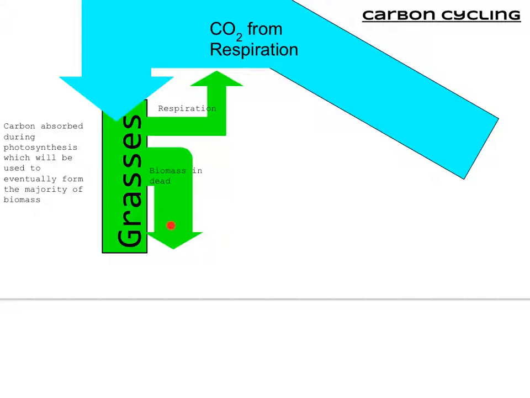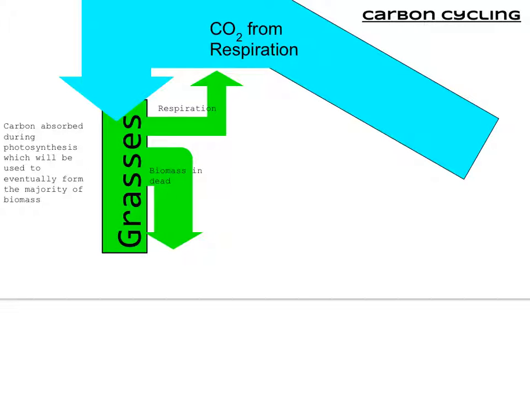This thicker arrow is supposed to show you that a larger majority or a larger amount of the biomass is not respired, but is actually dropped out when the grasses die. And where does all that biomass go?